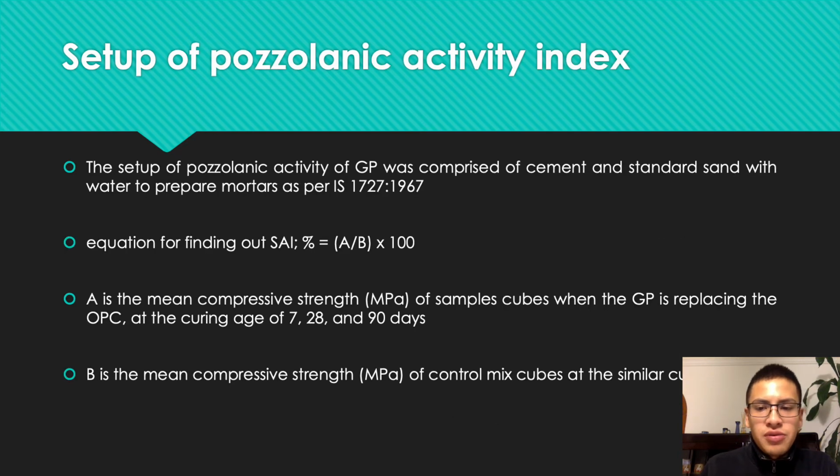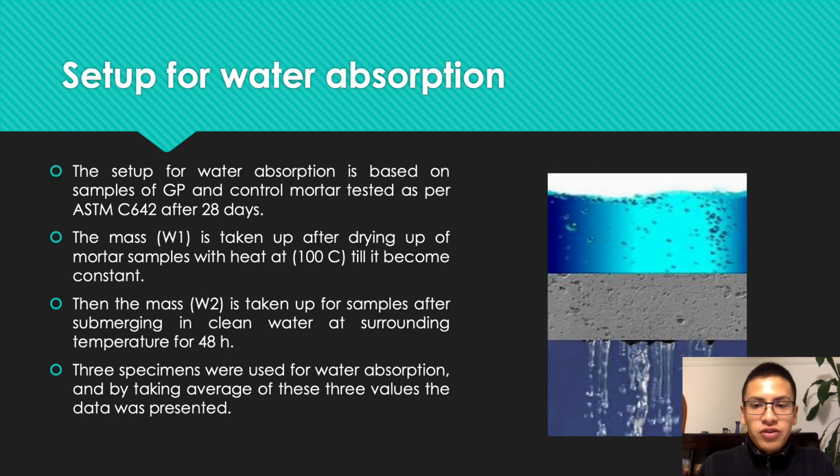Here he tells you about the configuration of the strength activity index and how the SAI value is calculated according to the standard, where A is the mean compressive strength and B is the mean compressive strength in megapascals. Here, for the absorption configuration, the samples are immersed in clean water at ambient temperature for 18 hours, and after this, the sample is removed from the water and cleaned with a cloth in order to avoid saturation.